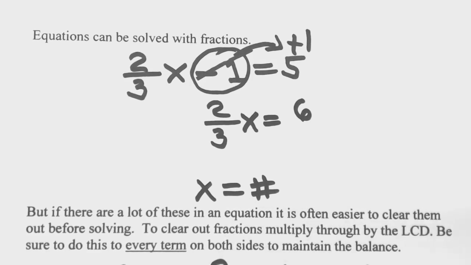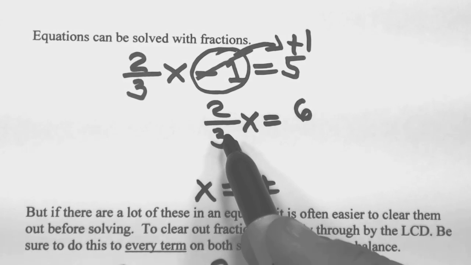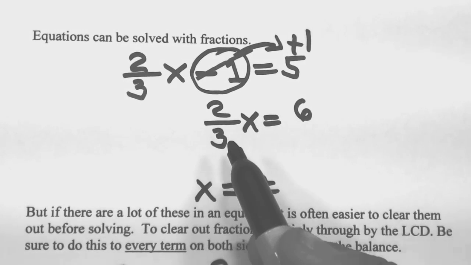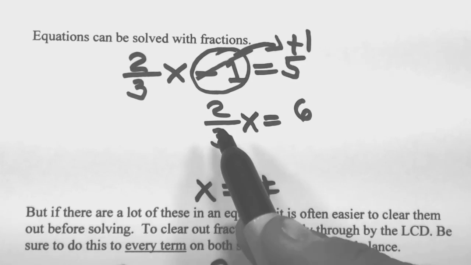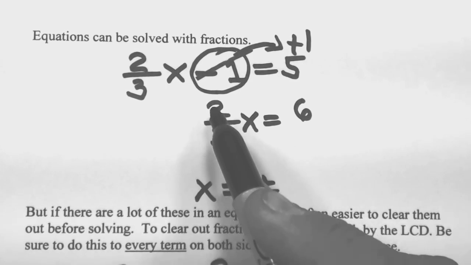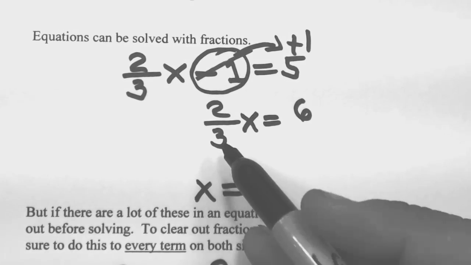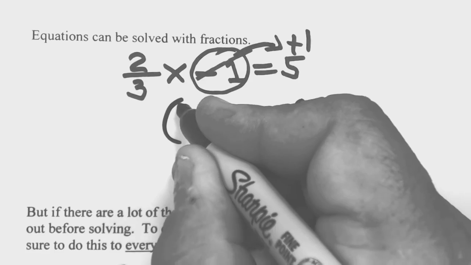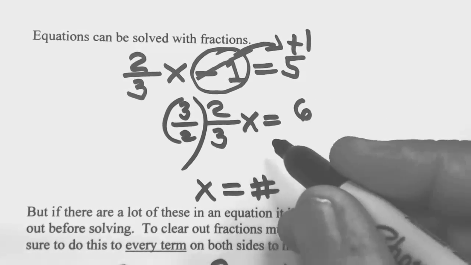And so what I end up with is 2/3 x on the left equals 5 plus 1, which is 6 on the right. Now, hopefully you remember this trick from earlier. Anytime you have a fraction times your variable, the easiest way to get just 1x is to multiply by its reciprocal. The reciprocal of 2/3 is 3/2.